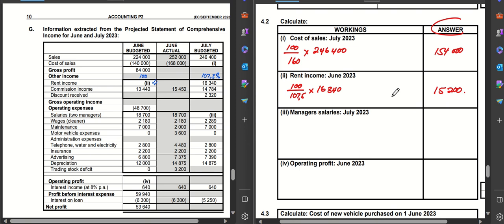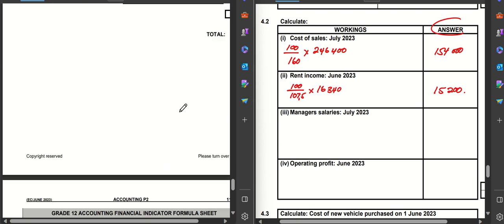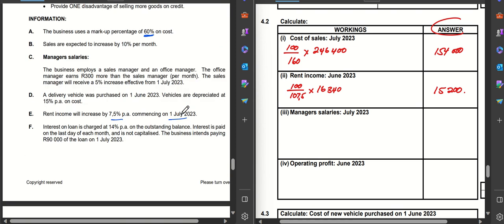Okay, then number three, it says salaries for the 2 managers. And then adjustment number C is the business employs a sales manager and an office manager. The office manager earns 300 more than the sales manager per month.